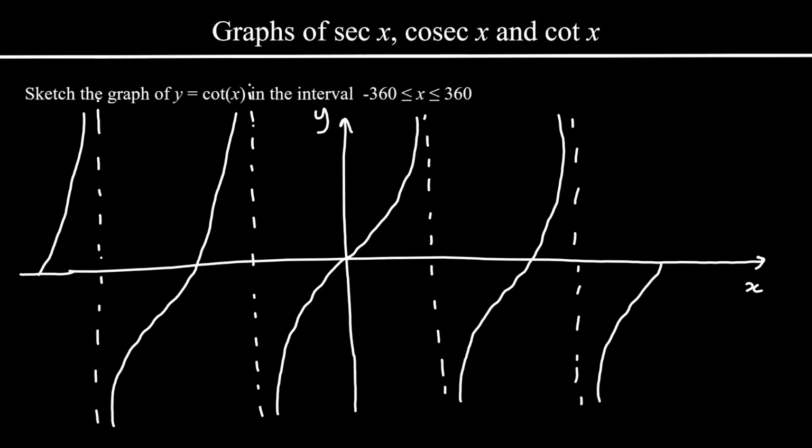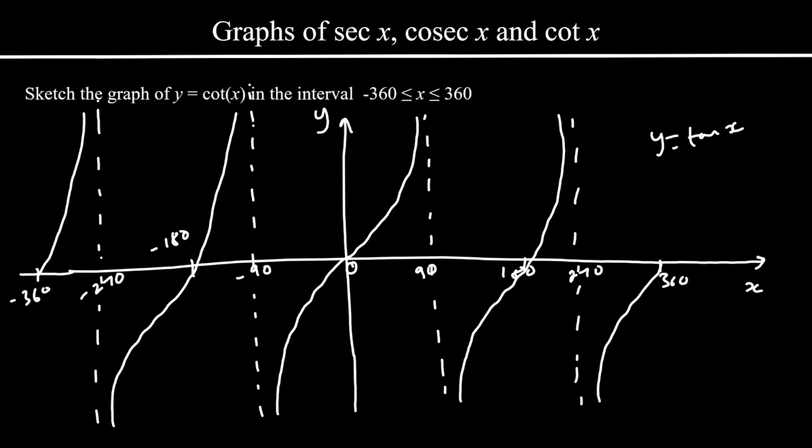The asymptotes are at 90, 270, negative 90 and negative 270. And it crosses 0 at 0, 180, 360. The tan graph repeats every 180 degrees. So that is our tan graph, y equals tan x.